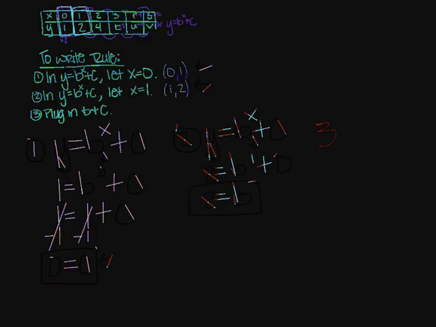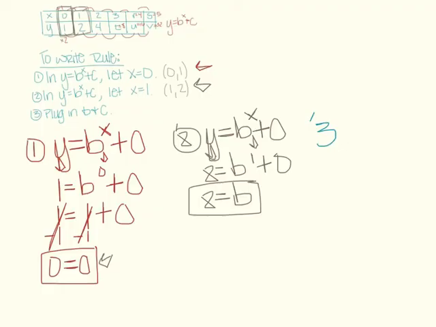And the third step says to plug in b and c. So we have y equals b to the x plus c. So we'll plug in the b value we found, which is 2. And we'll plug in the c value we found, which is 0.